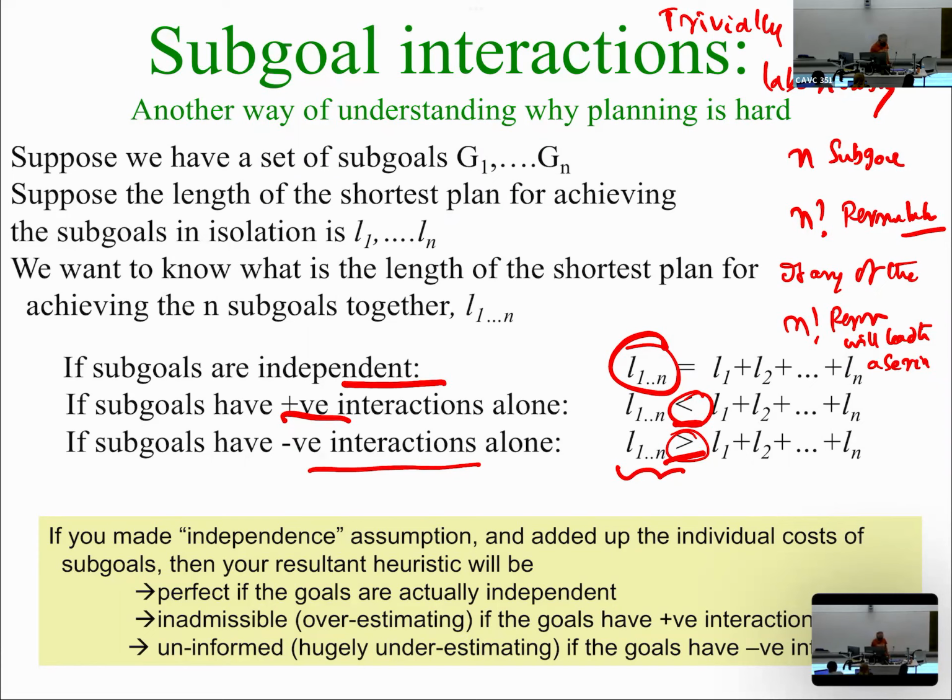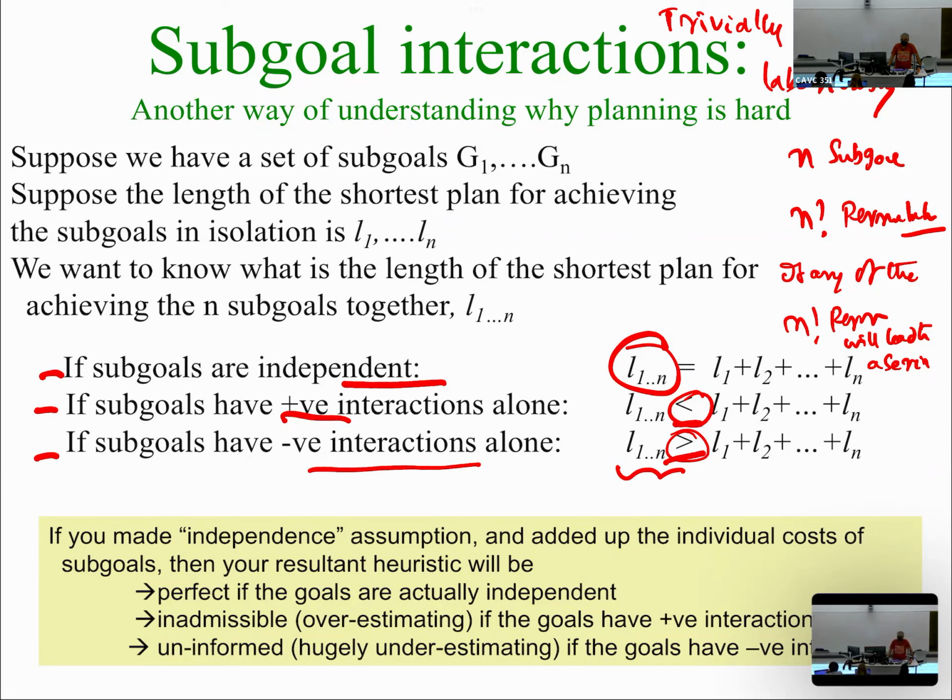And in general, the simplest case of solving planning problems would happen when? If I get to choose one of these three cases, where would be the simplest case? The first one. They're all independent, not positive interactions, independent.